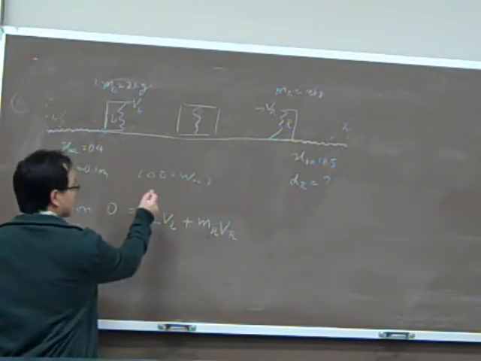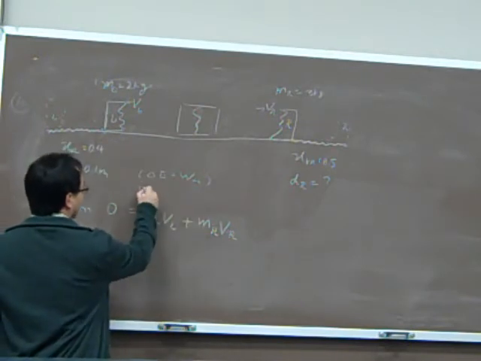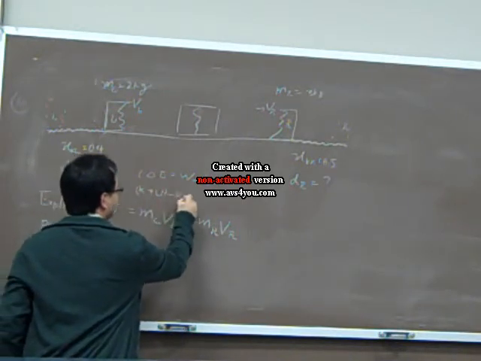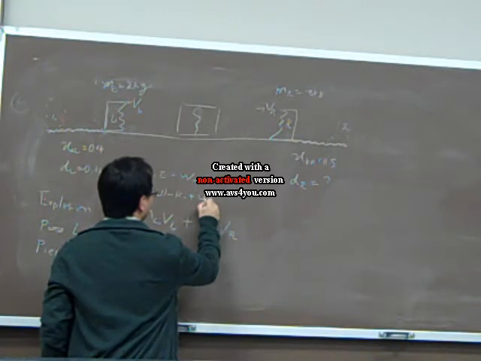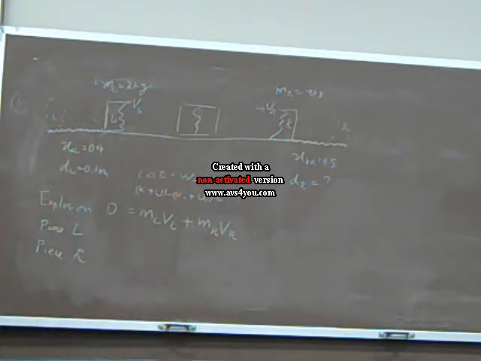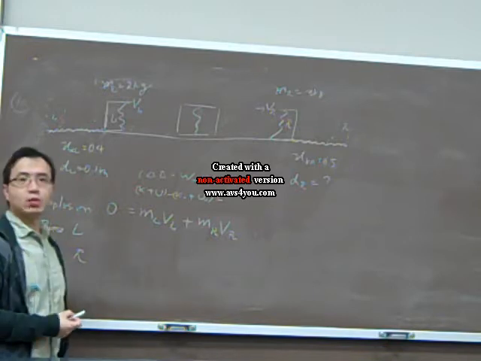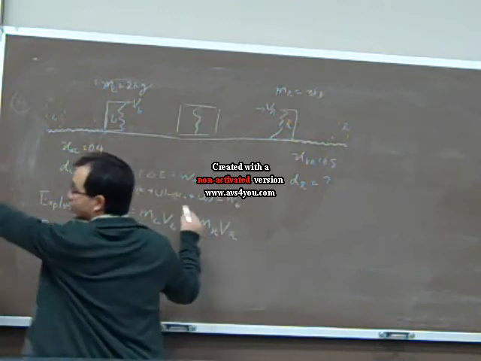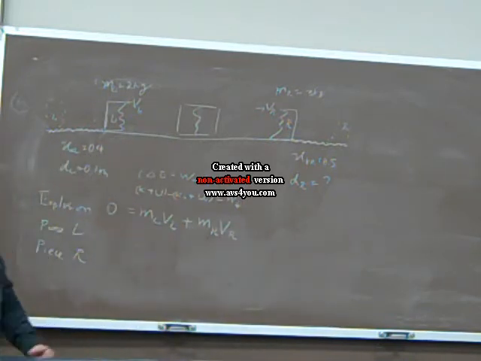In this case, K final plus U final minus K initial plus U initial equals the work done by the non-conservative force, which is the work done by the frictional force, WF, similar to that stopping process.